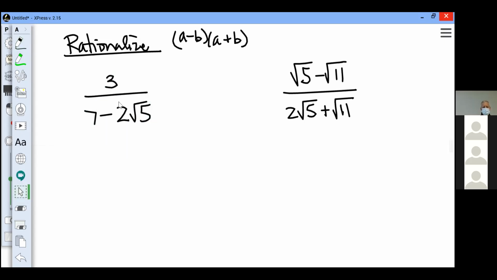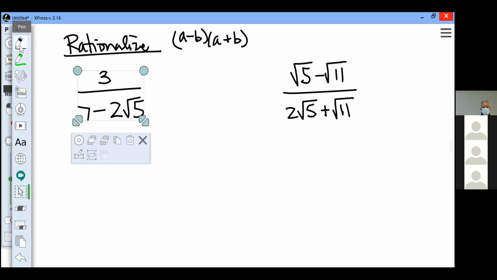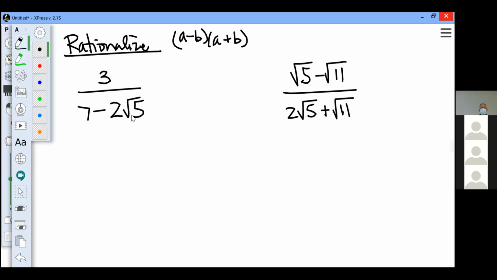When you've got a quantity in your denominator that's got a radical or two radicals and you have to get rid of it, you have to use the conjugate. So it's this difference of squares pattern: a quantity that looks exactly the same, but has the opposite sign.